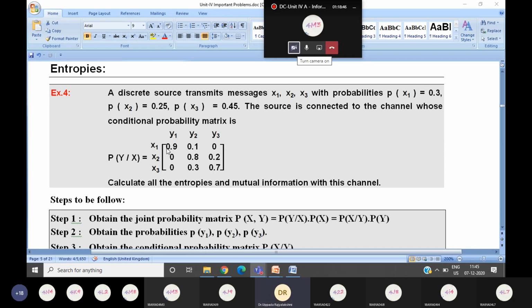Observe the first row elements of x1: 0.9 plus 0.1 plus 0, the sum of all the elements in the first row is 1. Similarly check the second row: 0 plus 0.8 plus 0.2, it is 1.